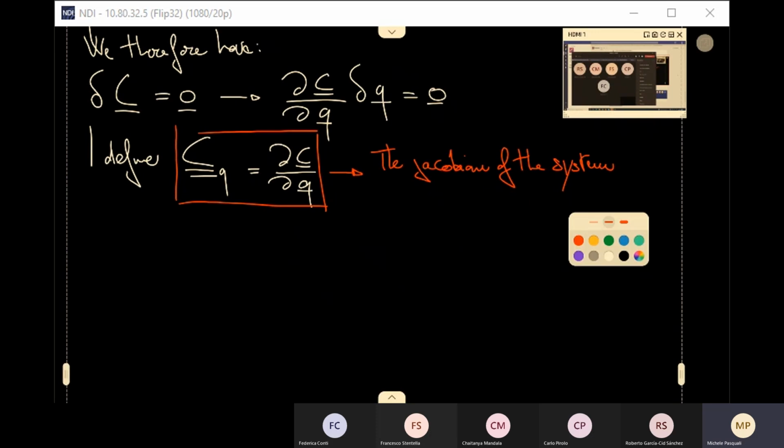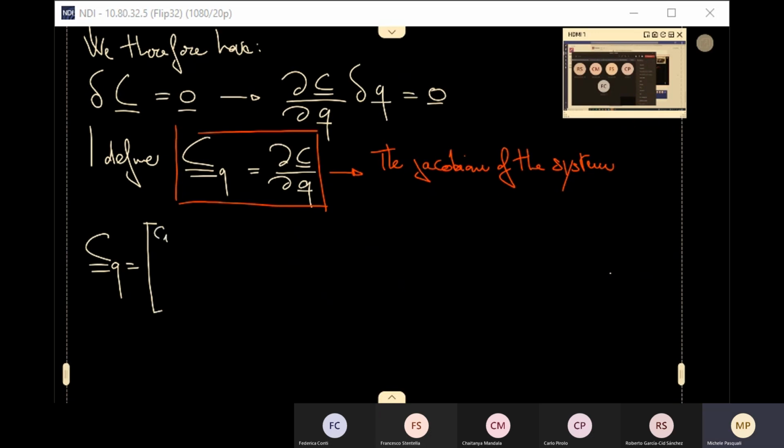And it's written like this. It has this structure. It's a matrix which has n columns and nc rows. Okay, so each row basically is a constraint. So this is an nc times n matrix.